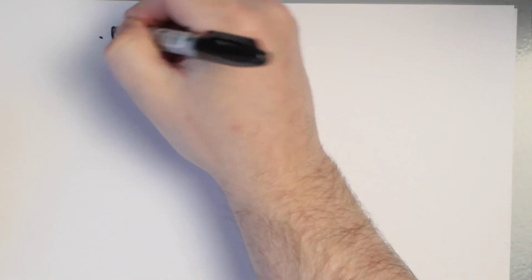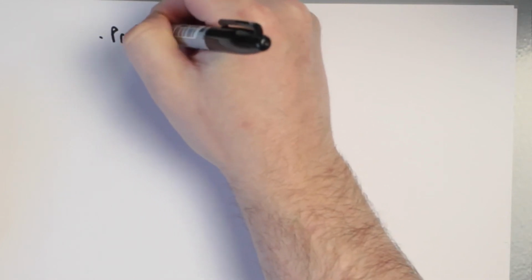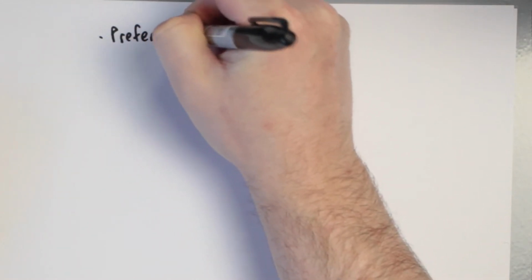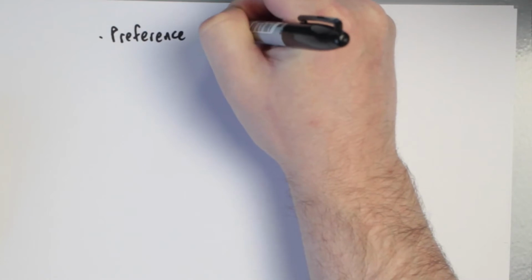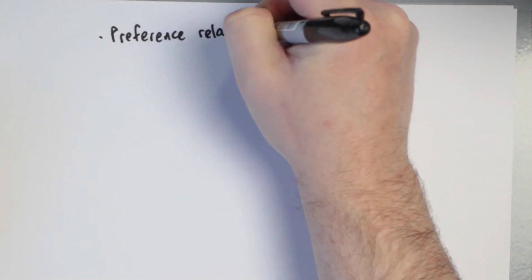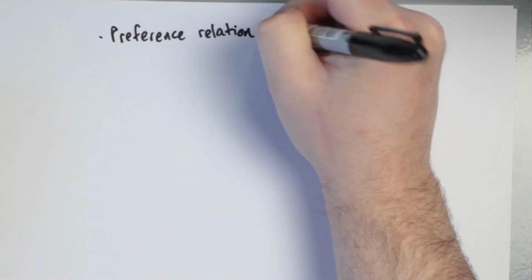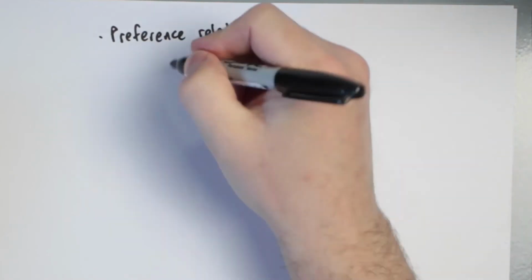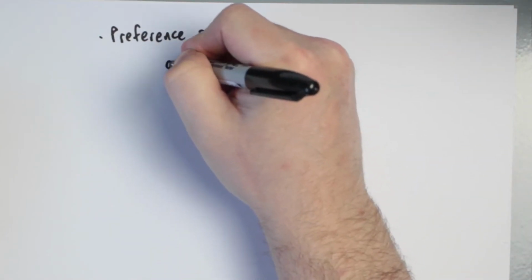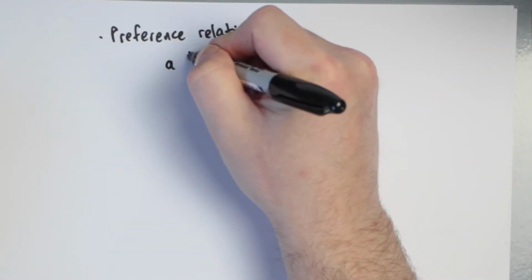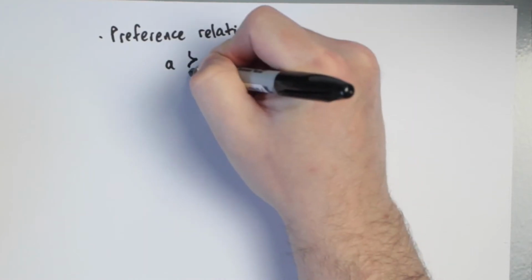Now, the way we model a consumer in microeconomics is through what's called a preference relation. So we're going to need some new notation. We will write A, and then I'm going to use this curly symbol like this.